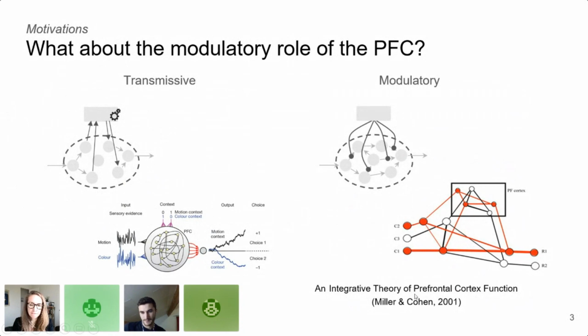For example, there is this paper by Miller and Cohen from 2001 that argues that the role of the PFC is more modulatory. And so, in order to take into account the possibility of having a modulatory role for the prefrontal cortex, we have developed a recurrent neural network architecture that models the prefrontal cortex as part of a larger network of cortical areas.